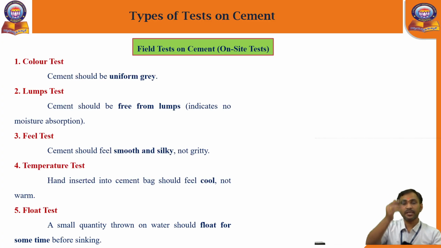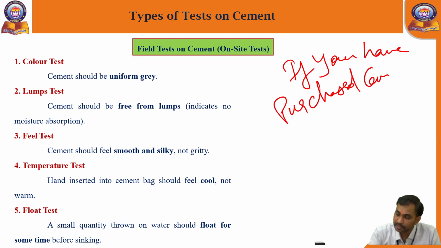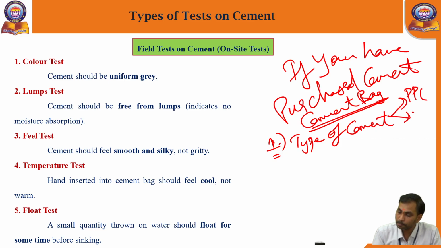So there are different types. Before conducting these, if you have purchased cement, first you have to refer to the cement bag, the type of cement you have to observe, whether it is PPC or OPC.